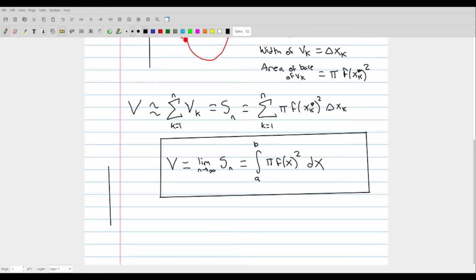A more general version of this formula is if you don't have a surface of revolution, but you just have kind of like a 3D object with different cross-sectional areas. If you can somehow get the cross-sectional area as a function of the x coordinate, this is the x coordinate right here.